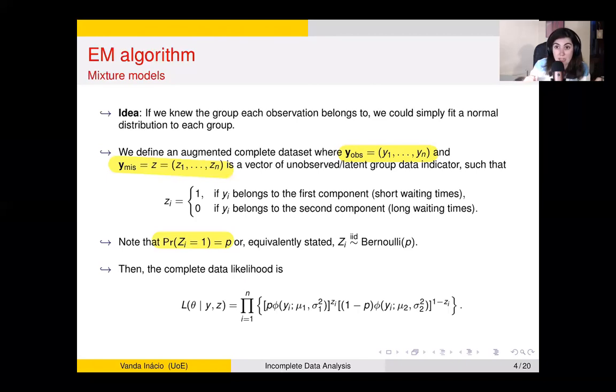My observed data are the y's, my missing data are the z's, and the complete data, which is formed by the observed and missing data, is formed by the y's and the z's. And now it can take this expression.